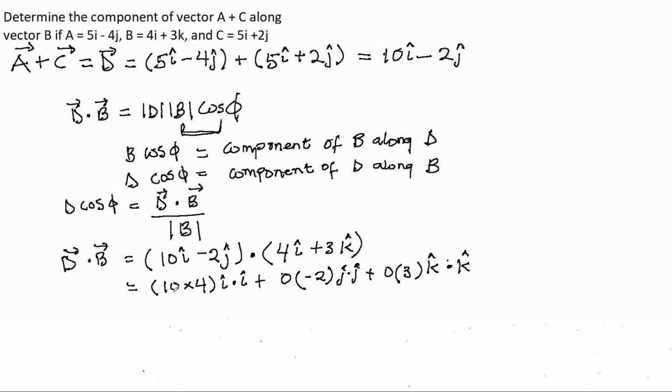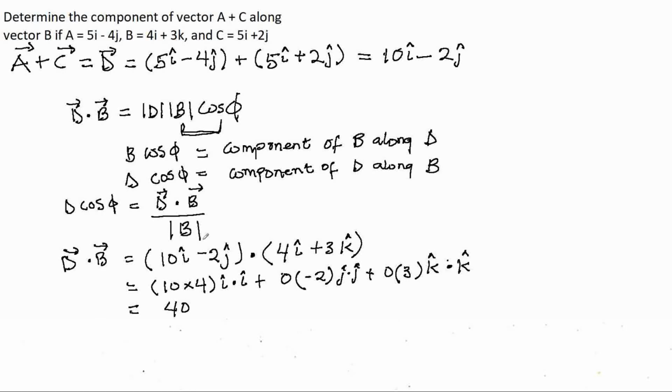Now 10 times 4 is 40, and i dot i is 1, so 1 times 40 still gives us 40. 0 times negative 2 is 0, and 0 times 3 is 0. So the vector D dot B is just equal to 40.